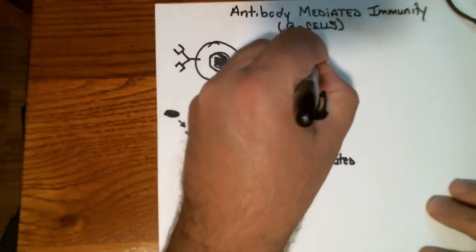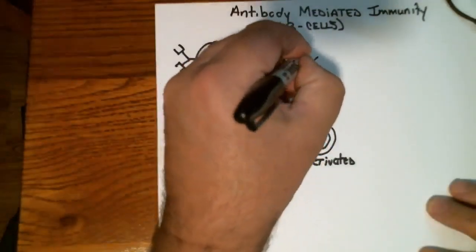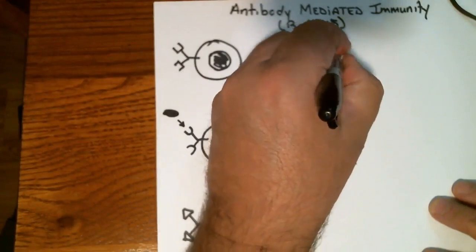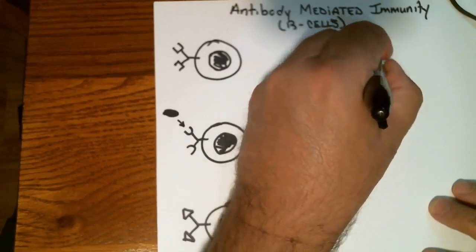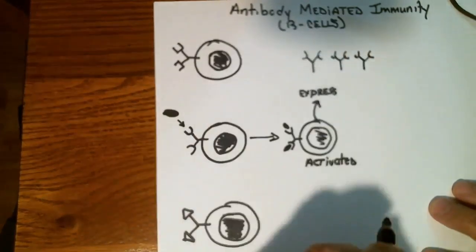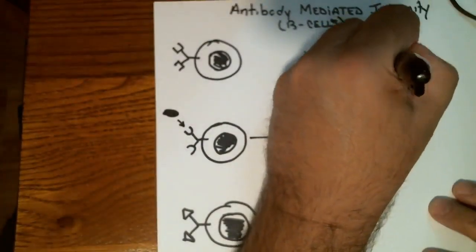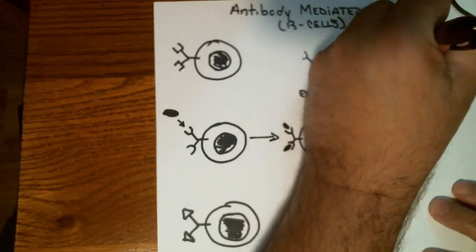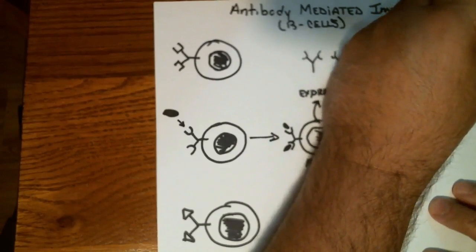So let's draw some antibody. So this guy is going to now start to express these antibodies. So there are some of the antibodies that are expressed. What will happen to these antibodies? Those antibodies will enter the blood and travel to the infected tissues.